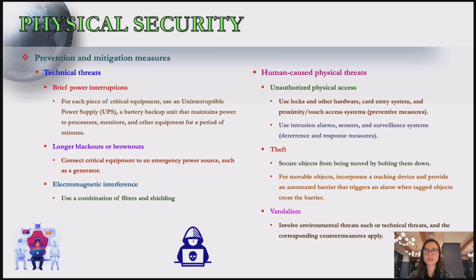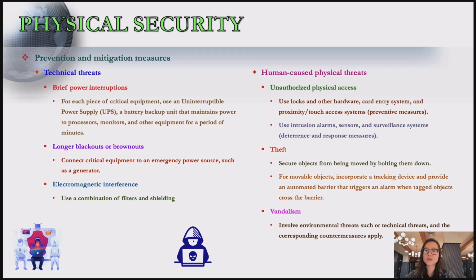For longer blackouts or brownouts, the organization should connect critical equipment to an emergency power source, such as a generator. For reliable service, management needs to address a range of issues, including product selection, generator placement, personnel training and testing, and maintenance schedules. An organization should use a combination of filters and shielding to avoid electromagnetic interference.